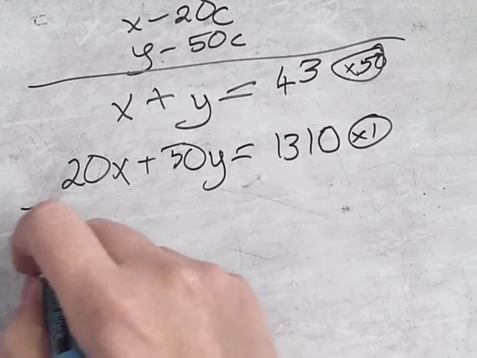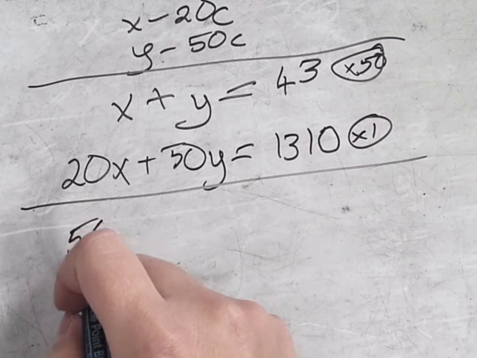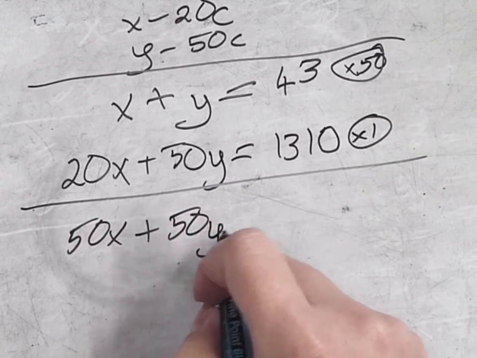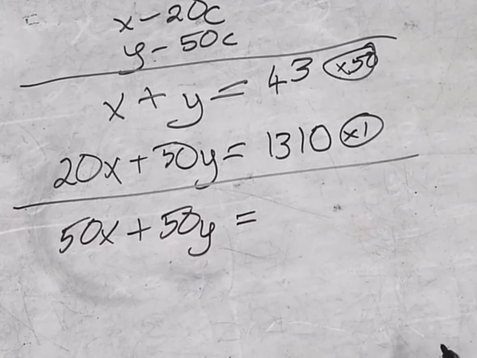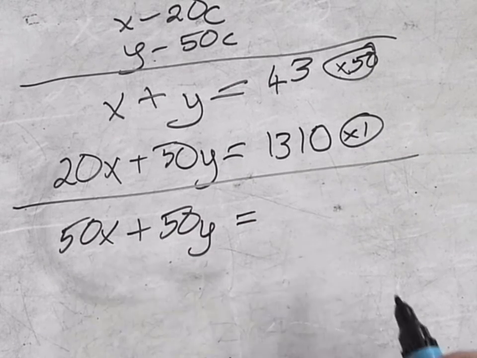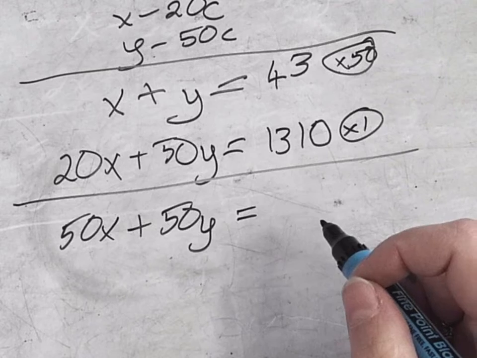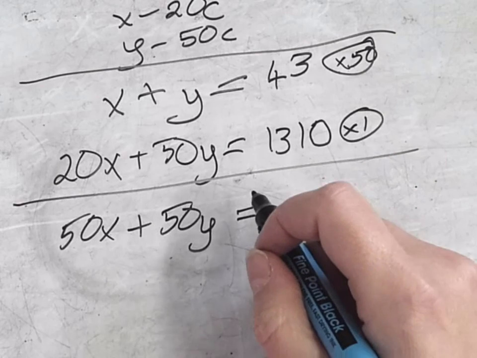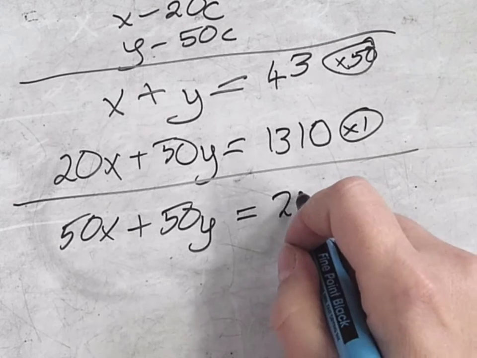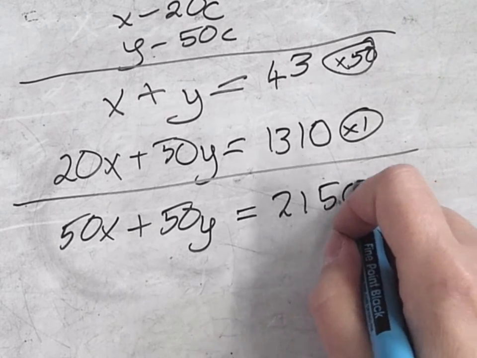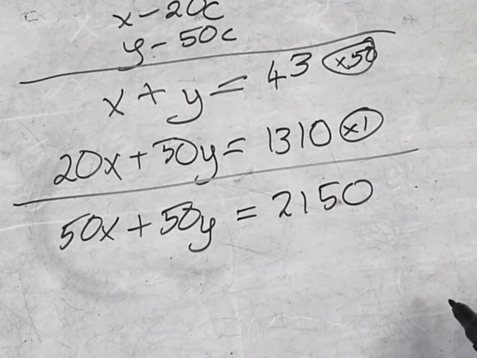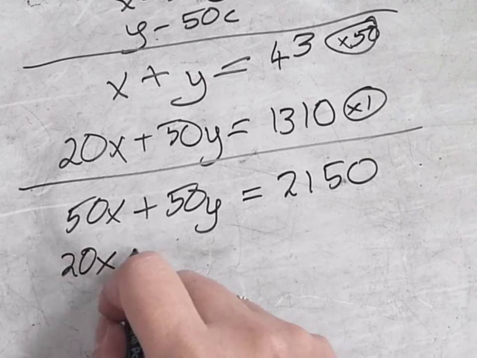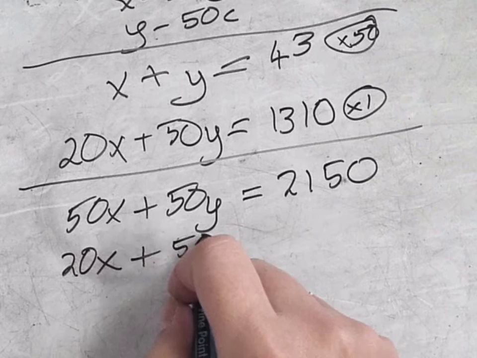Okay, so that's 50x plus 50y equals 2,150. Yeah. Then I have 20x plus 50y equals 1,310.